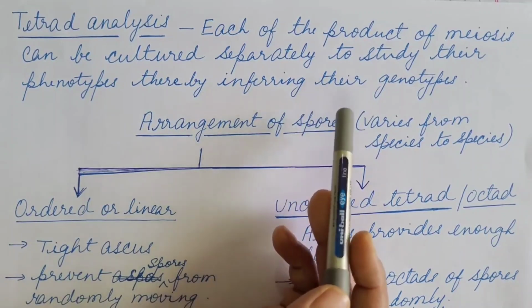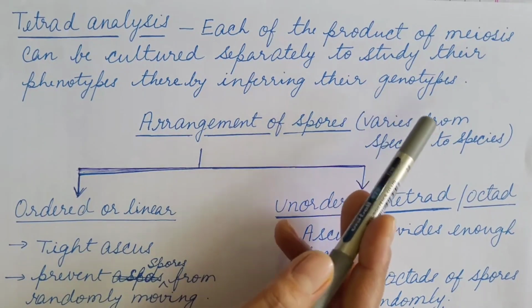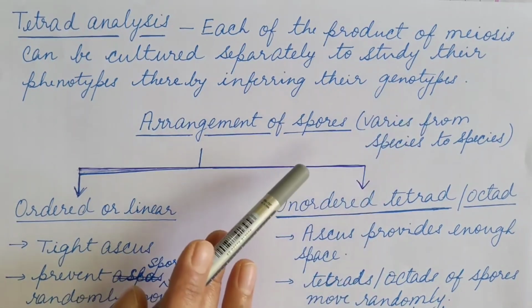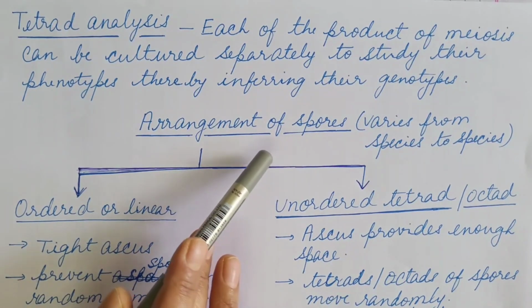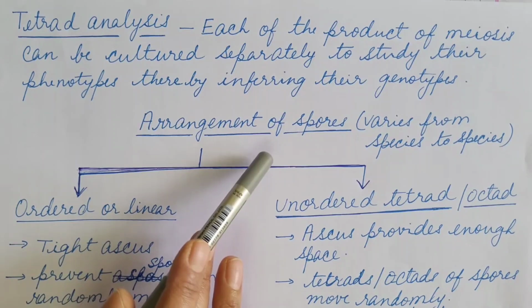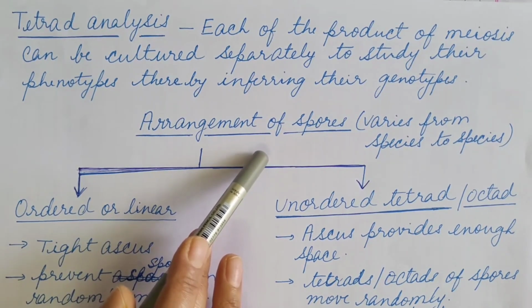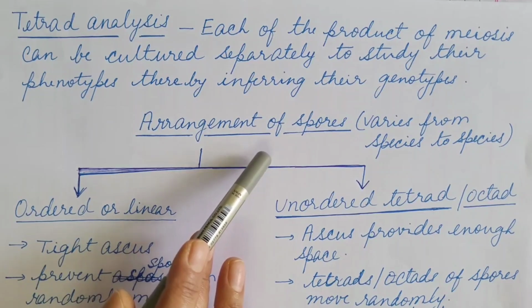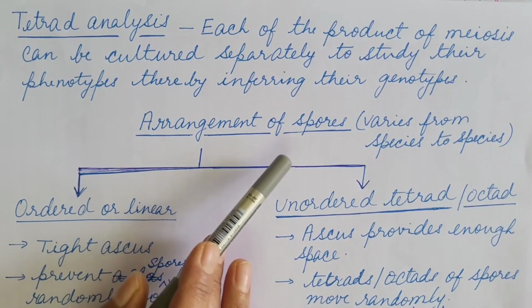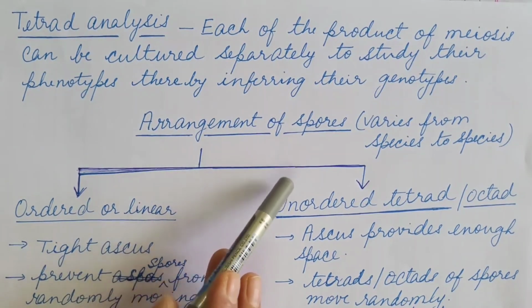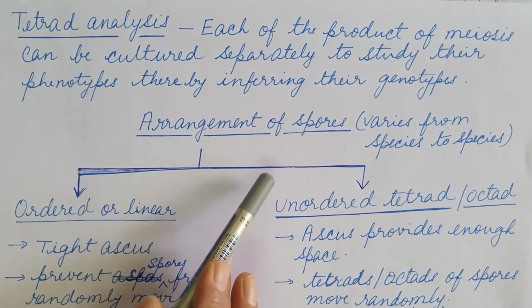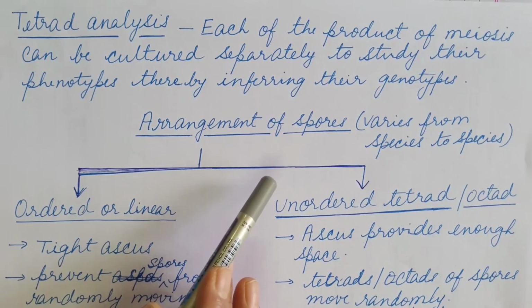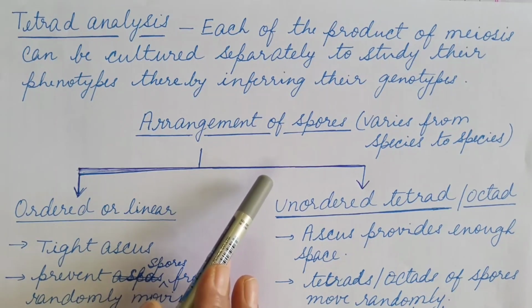So we saw that after the fusion, diploid zygotes are produced, followed by zygotic meiosis, both meiosis 1 and meiosis 2, and in some cases mitosis also takes place, as a result of which spores are produced, and these spores are contained in a sac-like structure known as an ascus.